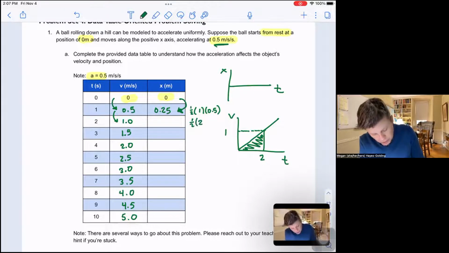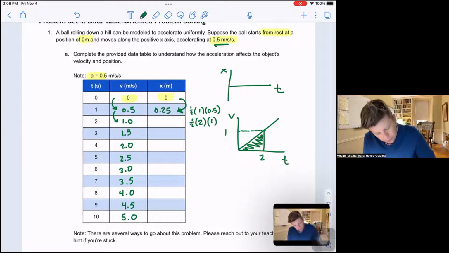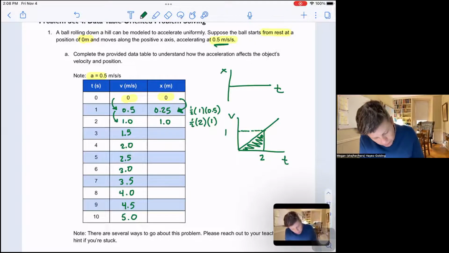Okay, 2 seconds on the clock, and 1 meter per second: 1/2 times 2 times 1. Do the next one.